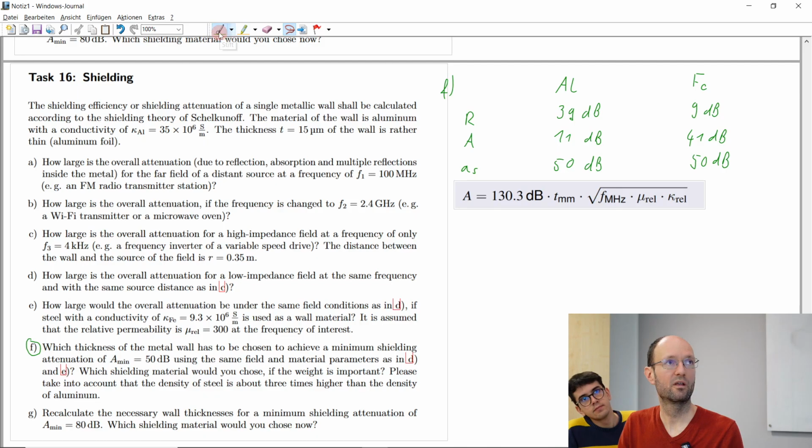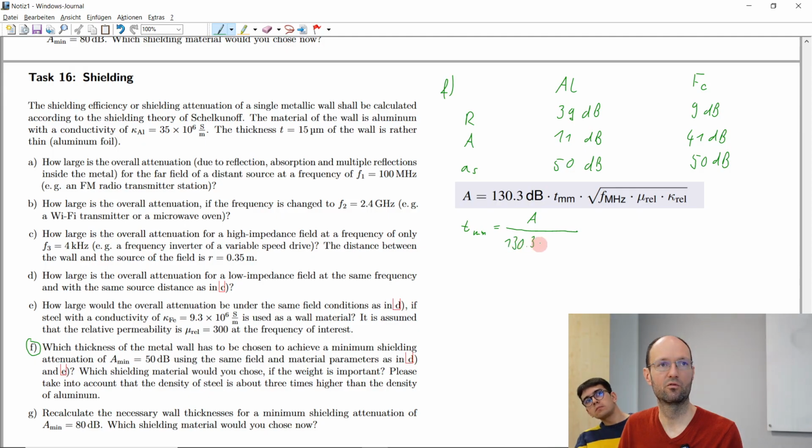If I would like to calculate the thickness in millimeter from this, we take A and we divide by all the other terms. We divide by this 130.3 dB, and we divide by this square root. I won't write all the values inside the square root, but that's the manipulation of this formula, right?